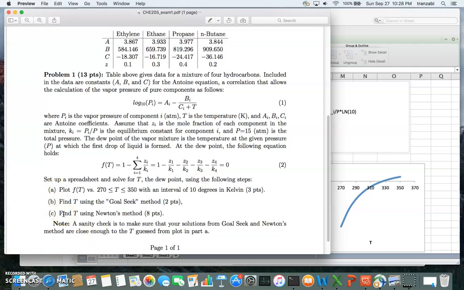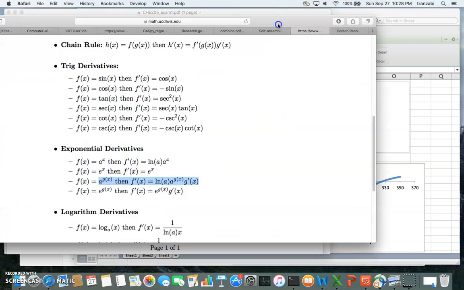I showed you how to calculate the derivative of f of t in the previous video, which you could easily look up using a simple search in Google. So I'll show you one more time.